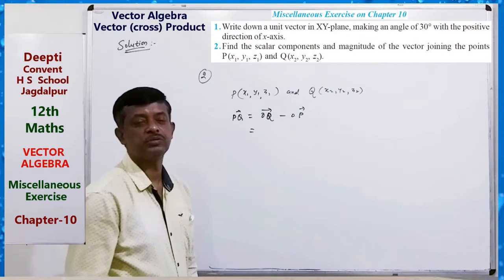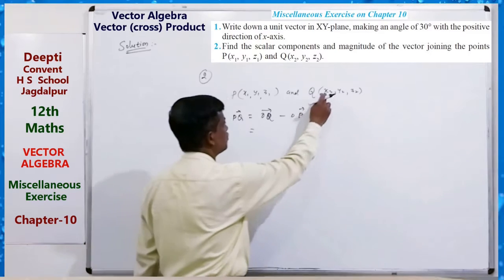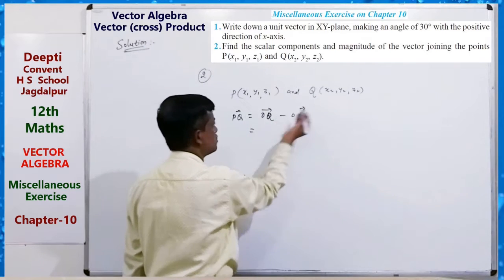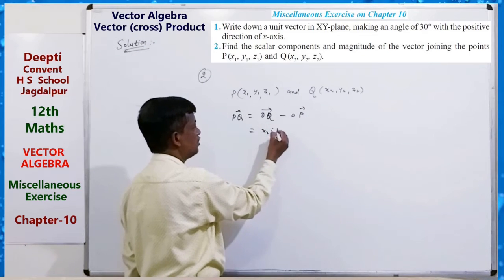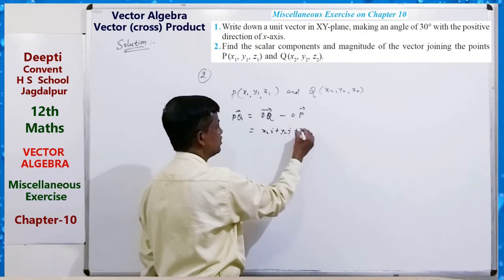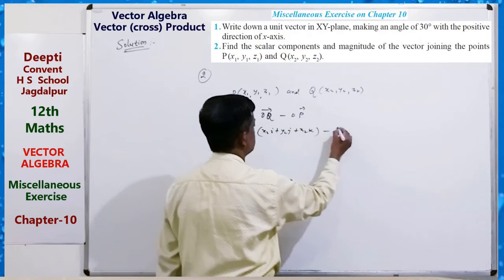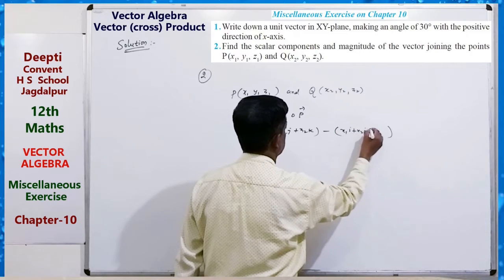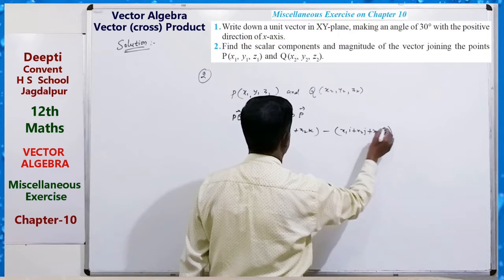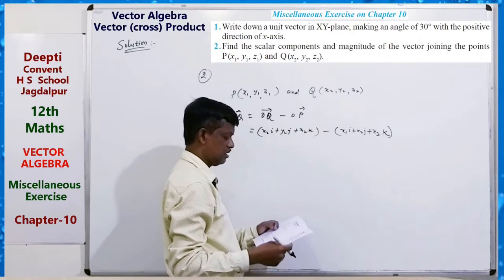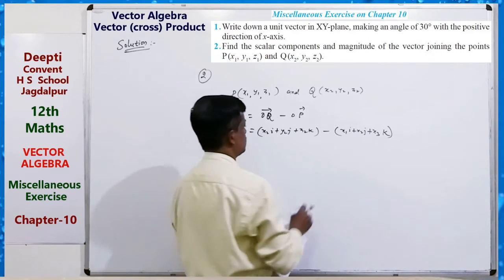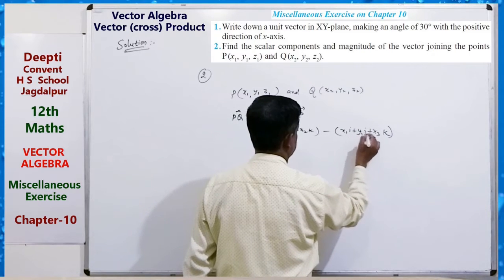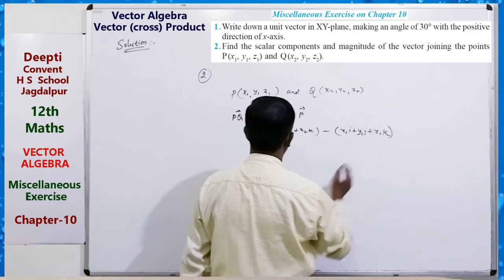OQ is the position vector of Q, which can be written as x2 I plus y2 j plus z2 k, minus the position vector of P, x1 I plus y1 j plus z1 k.